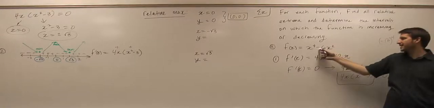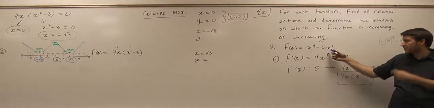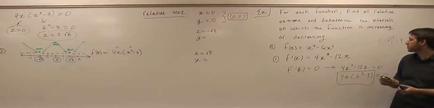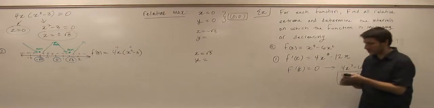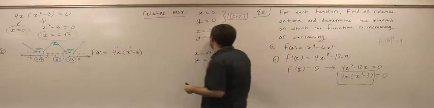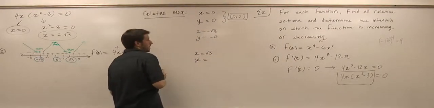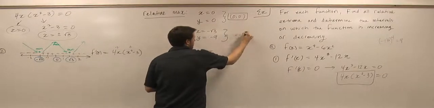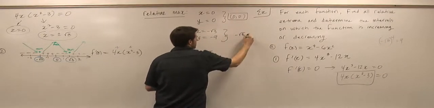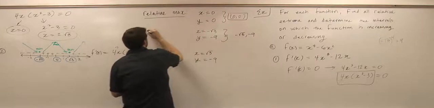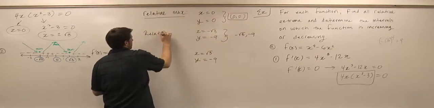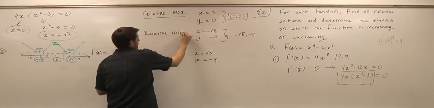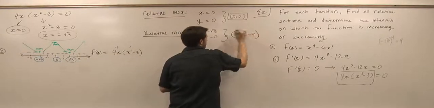So 9 minus 18, right, because root 3 squared is 3. 9 minus 18 will give you negative 9. And you'll get the same thing if you plug in root 3. So this is my relative min. One of them.